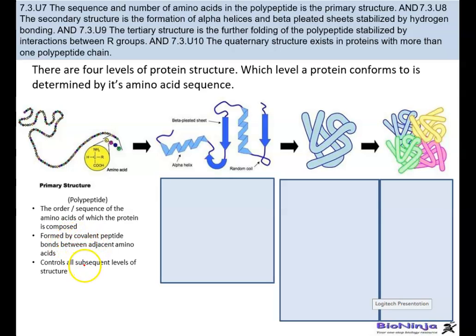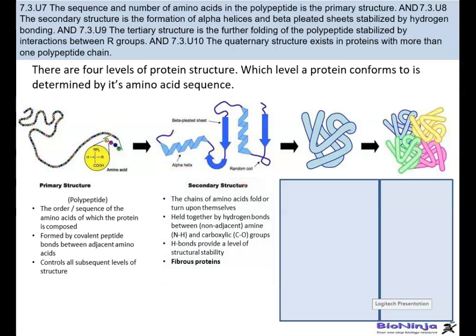What about the secondary structure? If you look at the secondary structure, you see that there are two different types: the alpha helix, which makes an alpha-type structure, and then beta sheets.